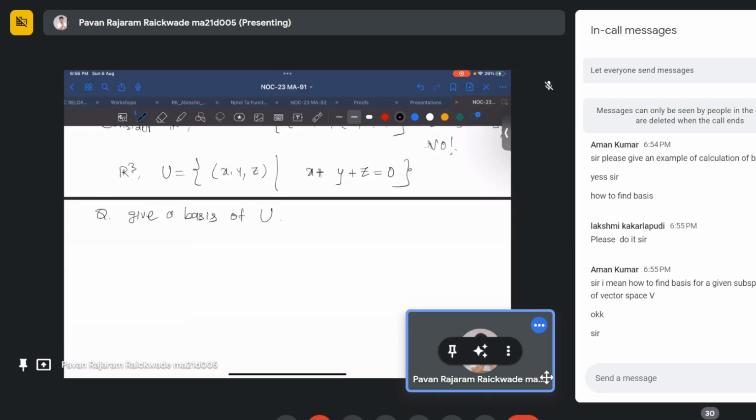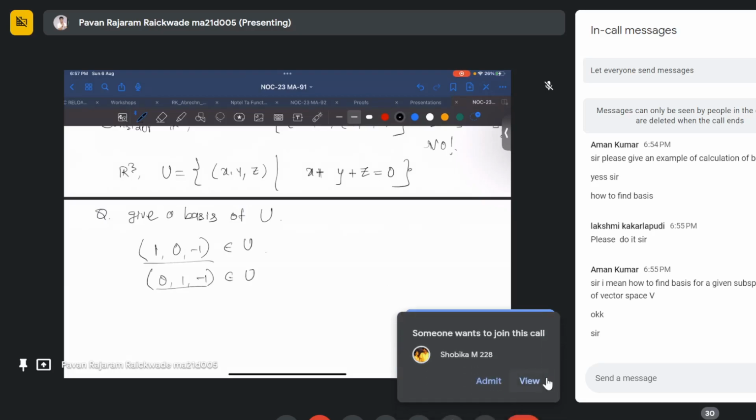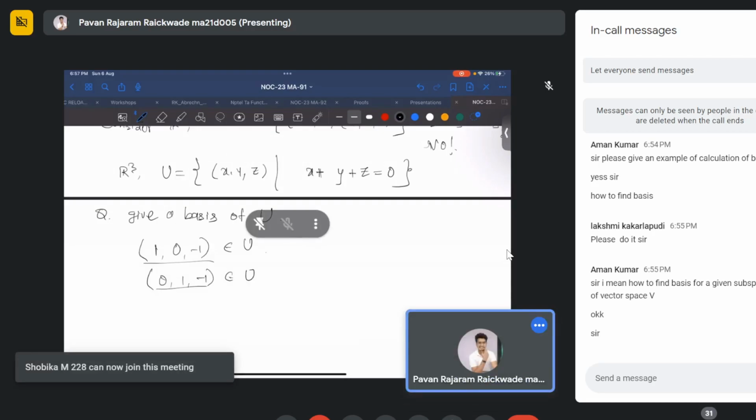So let's pick some random vector from the vector space. 1, 0, minus 1 belongs to U, right? Okay, let's add another vector. 0, 1, minus 1 belongs to U. Now let's see if these two vectors are linearly independent.